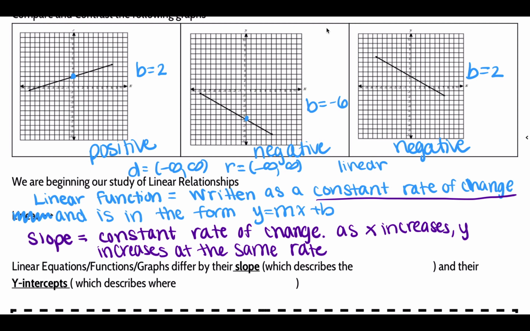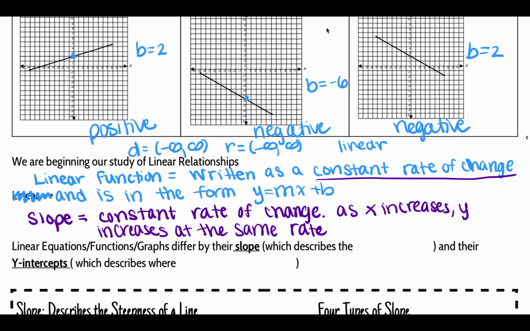And it's not always an increase, sometimes it's a decrease, but it's always at the same rate. So it's always going to be the same number every time. So it's going to add 3 each time, or go down by half each time. It's that same rate every time.